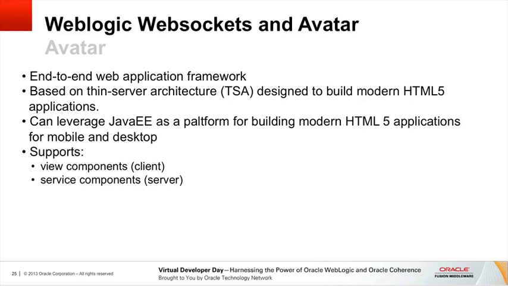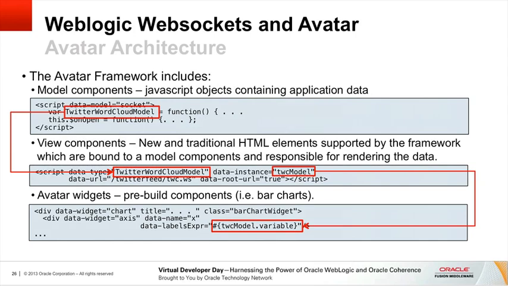Project Avatar is an end-to-end application framework based on thin server architecture. It was designed to build modern HTML5 applications by leveraging Java EE as a platform. It supports two key elements, view components and server components. So a little bit more detail on the Avatar architecture.